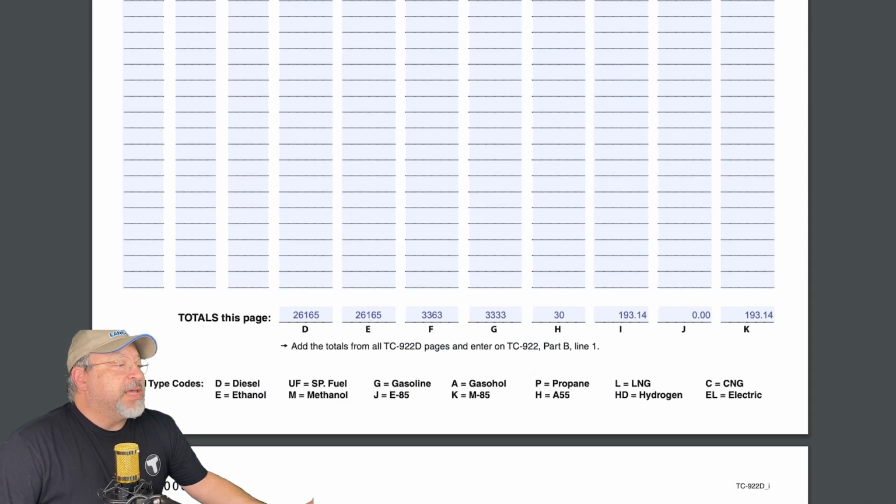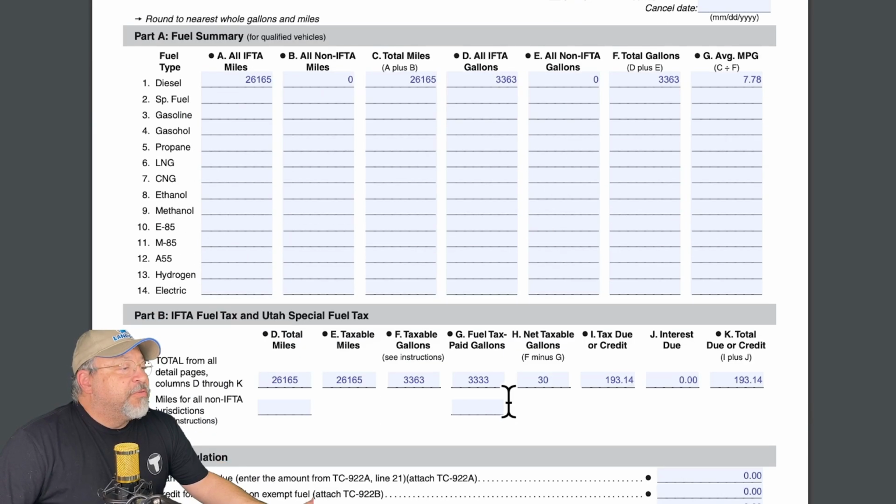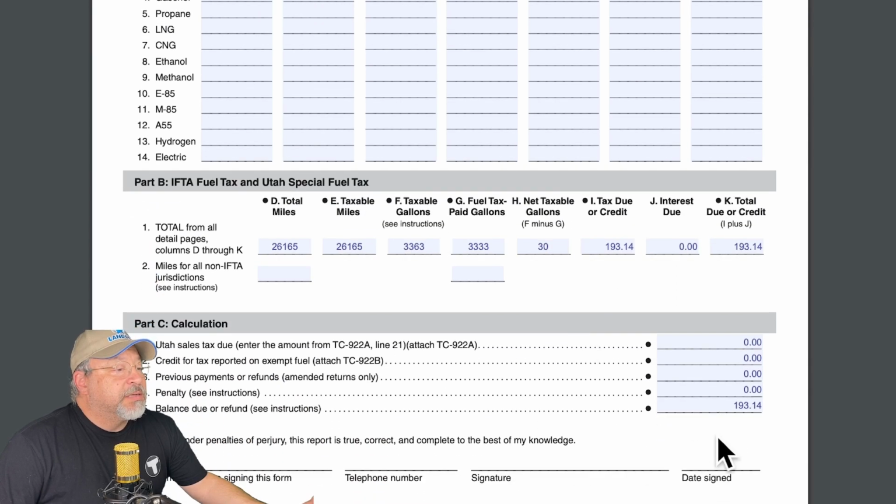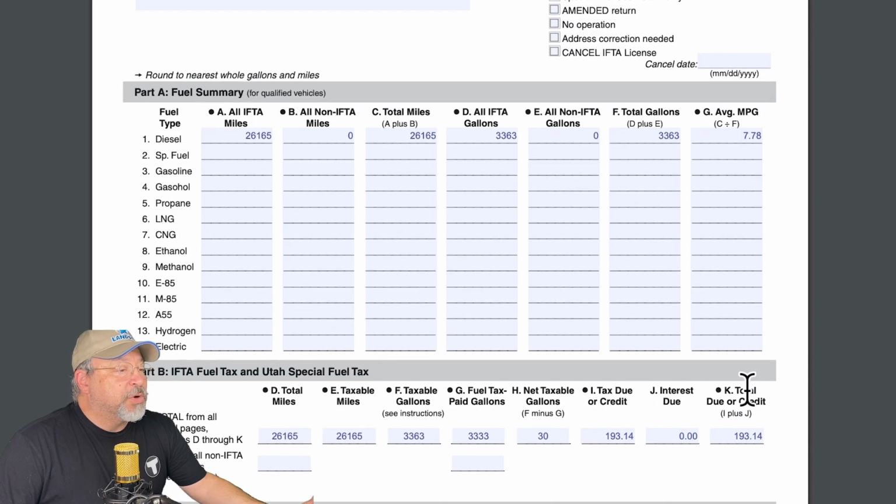So take all these figures, go back over, you fill all those figures in here, and none of these applied to me, and this here carried right down here, 193.14, and that's what I owe, okay?